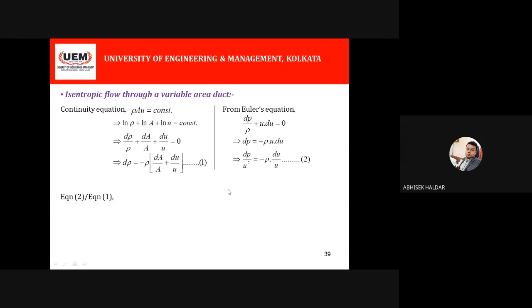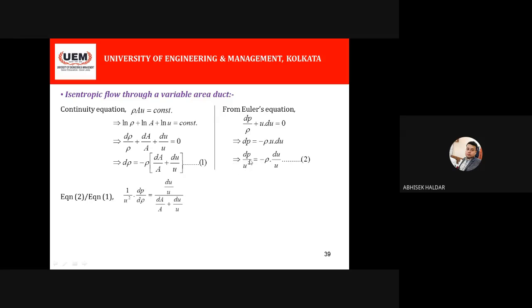If I divide equation number 2 by equation number 1, what will I get on the left hand side? dP by d rho, and 1 by u square will be there. Yes, sir, 1 by u square dP by d rho.